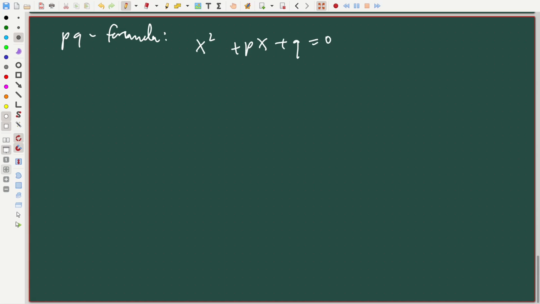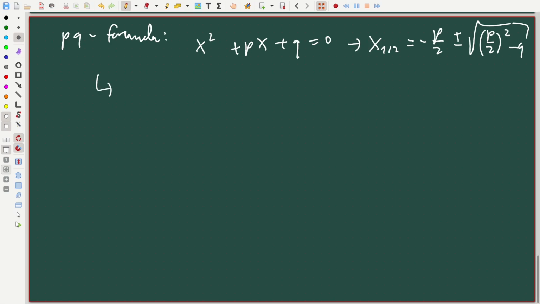And then, as you know, the solution is given as x1,2. We have two solutions because it's a quadratic equation, which is minus p half plus minus square root of p half squared minus q.